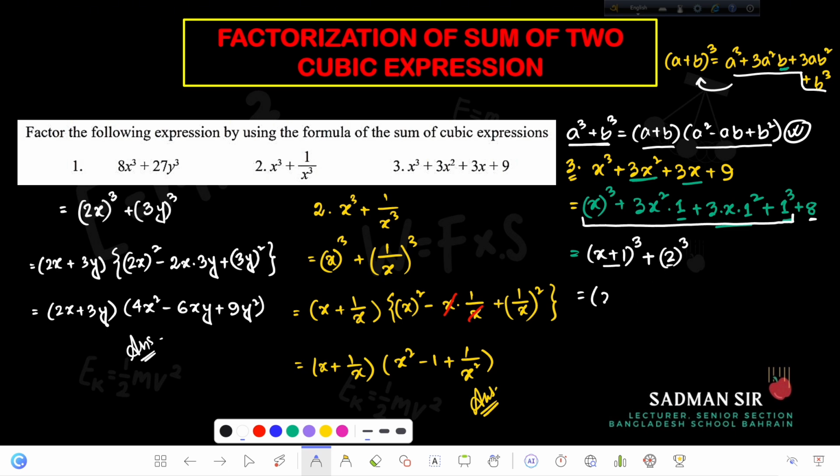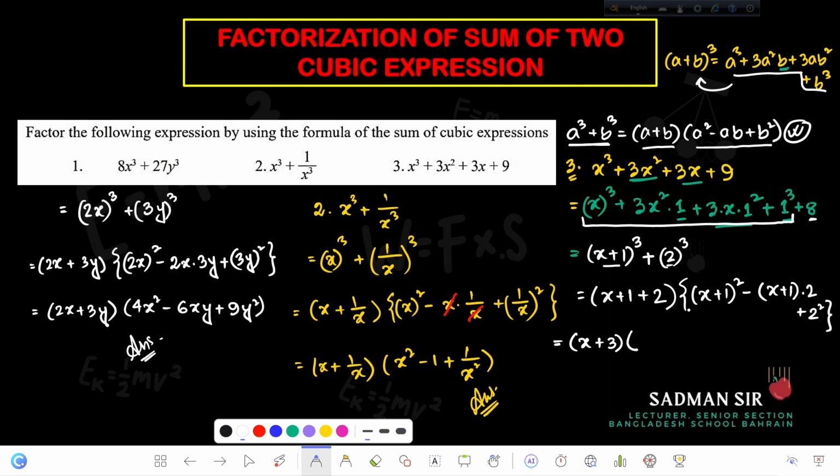Now a plus b, in the bracket we will have a square minus a into b plus b square. Try to write in a single line, as I don't have space I had to write in a second line. Then x plus 1 plus 2, it is 3, and then we have to expand this one using the a plus b whole square formula.